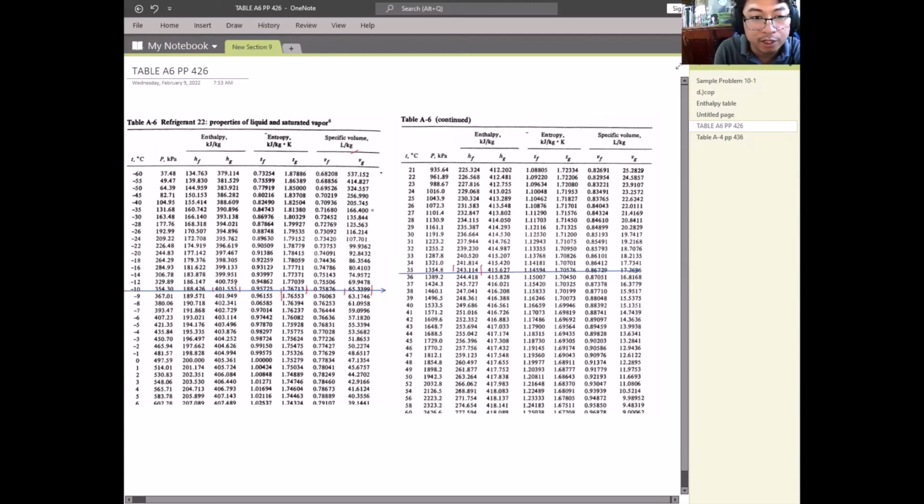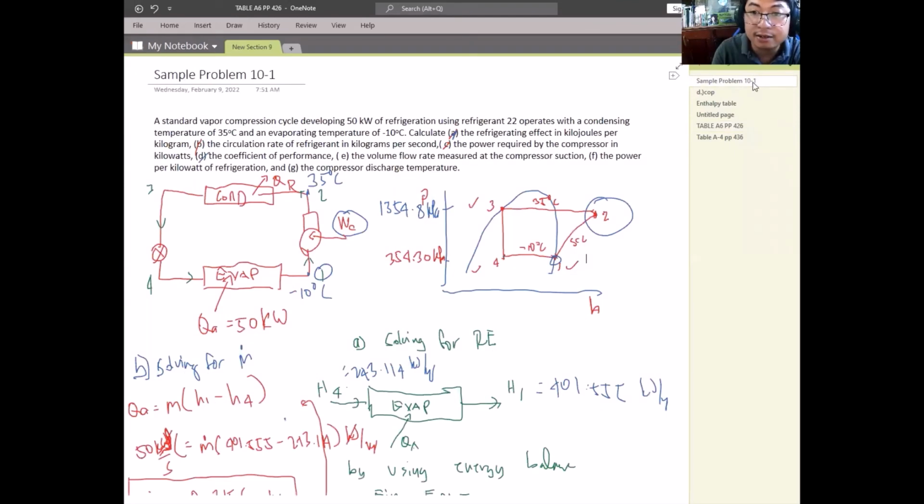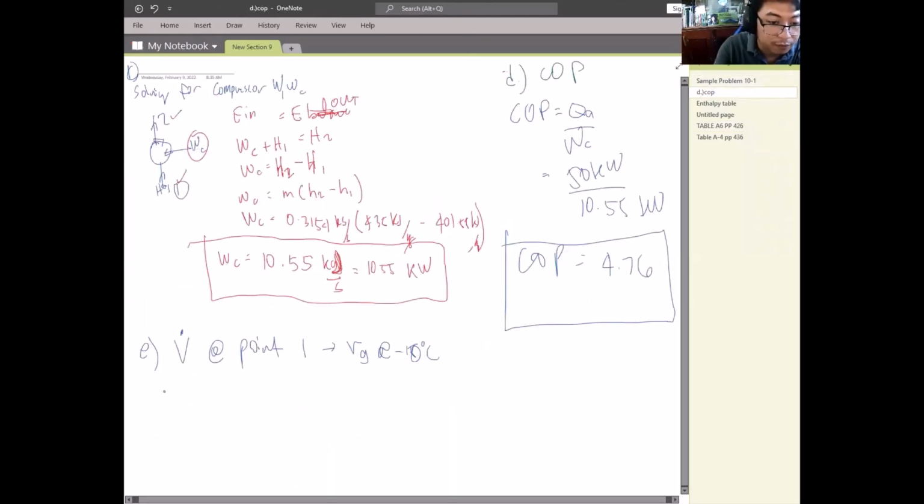So we will convert this into SI unit, which is meter cube per kilogram. So VG at point 1 is 65.3399 liter per kilogram.